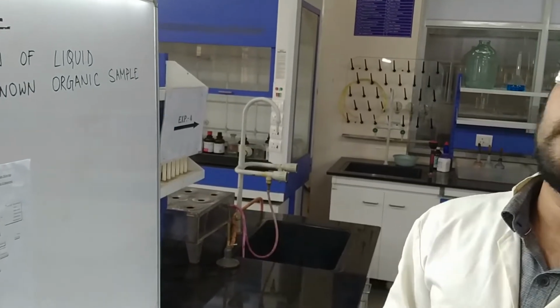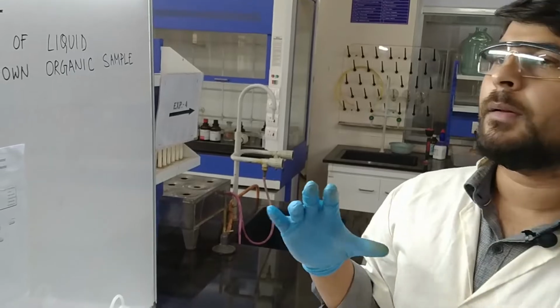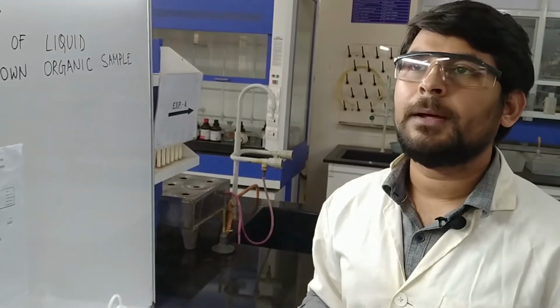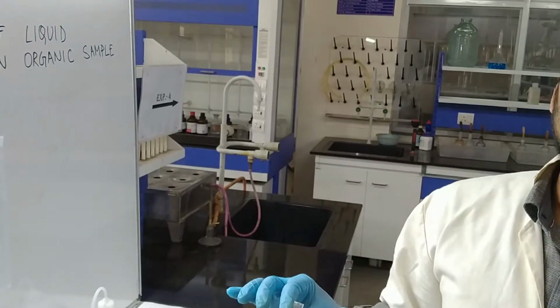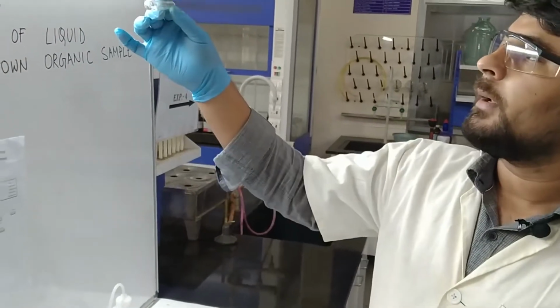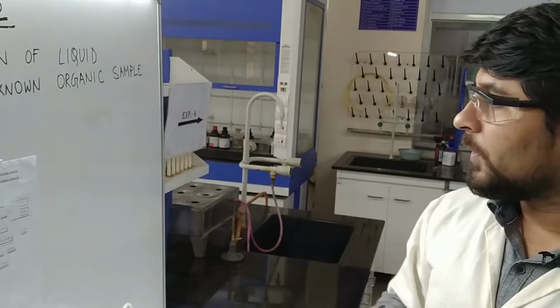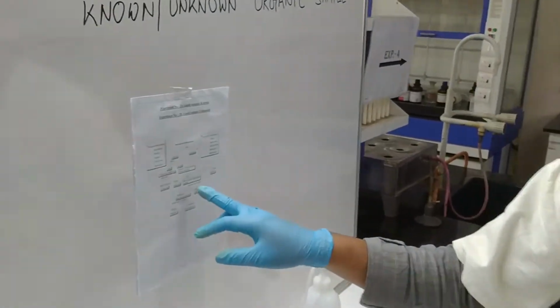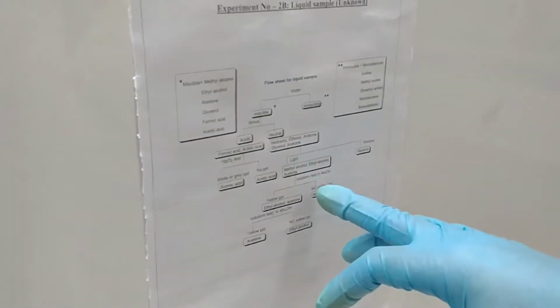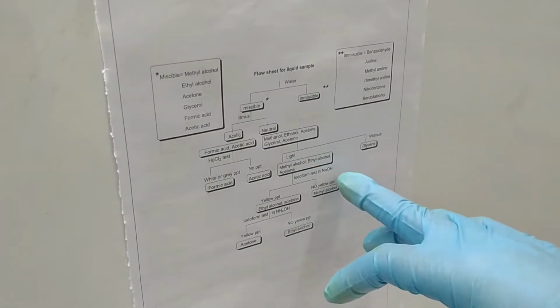Viscous means if you saw the cup syrup, you can say that cup syrup is a viscous thing, but this is not viscous. Okay, so now coming test is what? Coming test is, so you can consider this one is light, and coming test is iodoform test in NaOH.